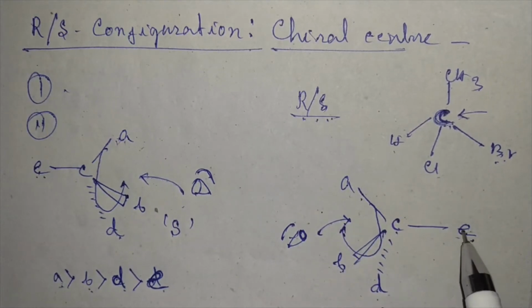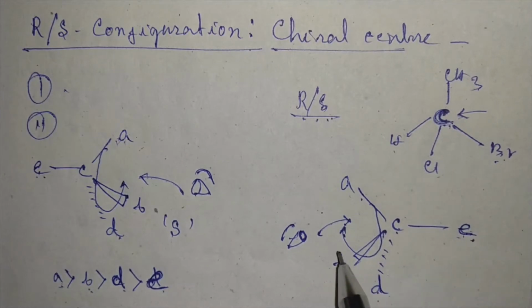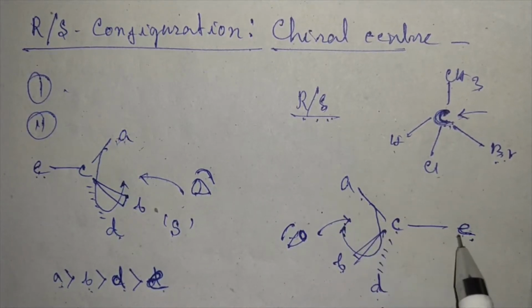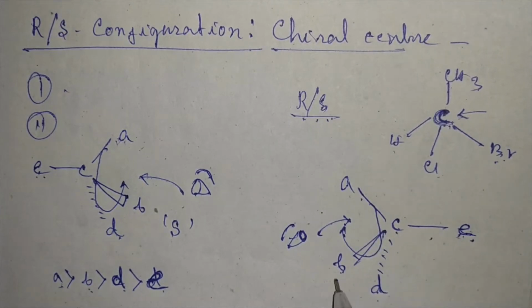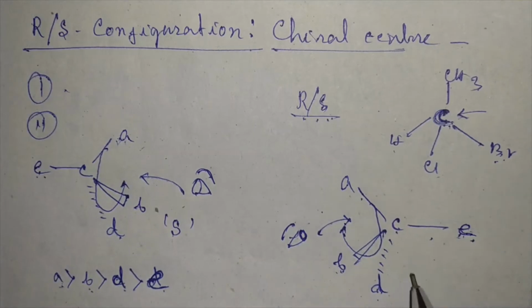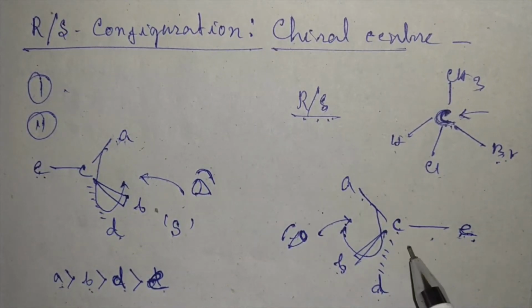We are placing this lower priority group away from our eye, and then here we can see that A and E are in plane, whereas B is above the plane and D is below the plane. This is actually a flying wedge representation.